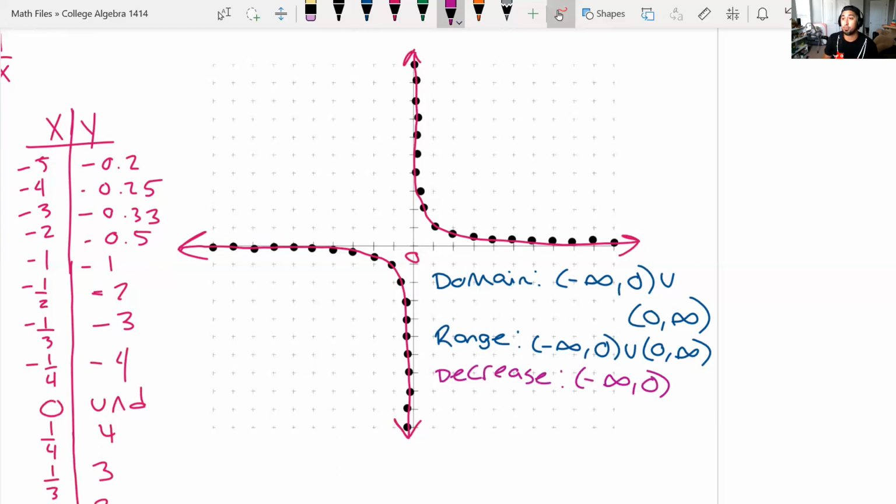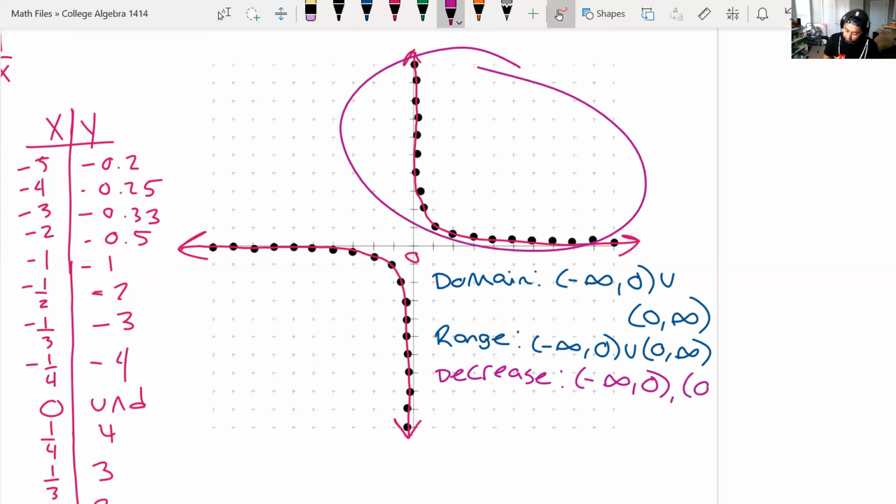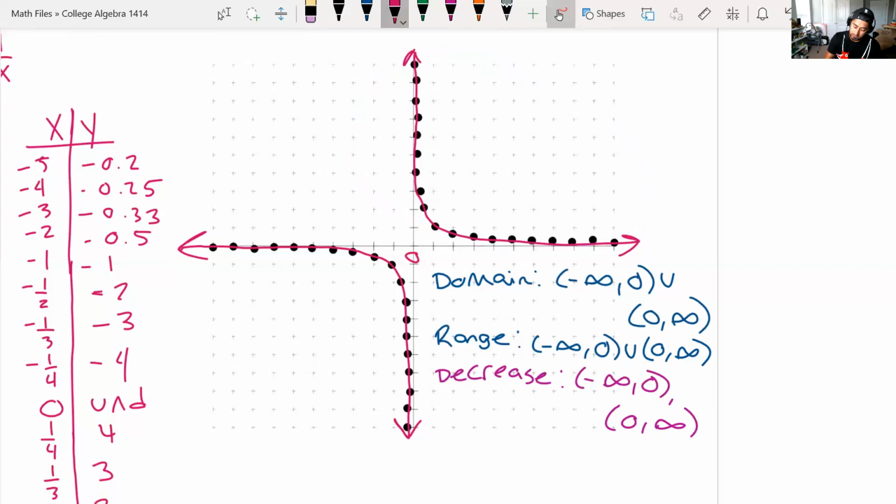And then looking at the top right, we also decrease from 0, don't want to run out of space, from 0 to infinity, because this is all decreasing as well. So there were no intervals of increase.